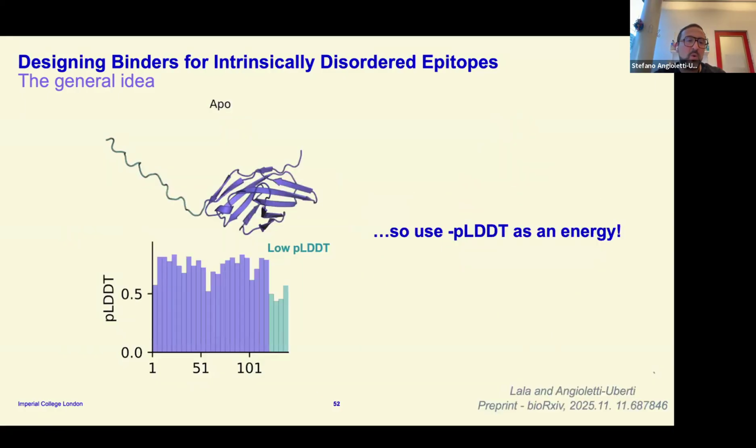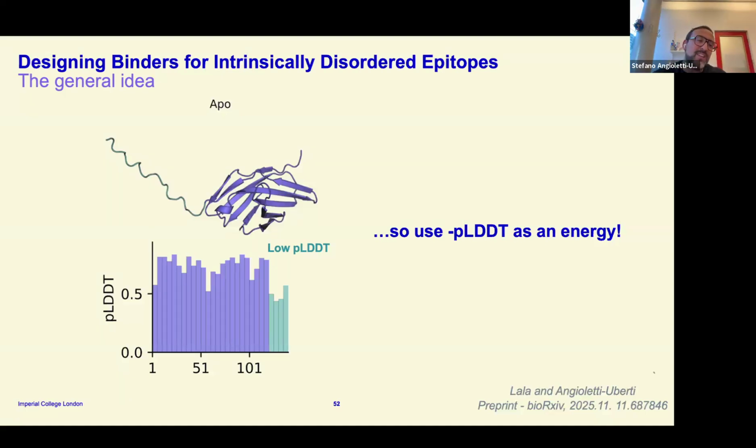Well, basically, we can use the pLDDT, or better in this case, minus the value of the pLDDT, as an energy term. So if you think about it, if you have a disordered region, the disordered region will have a very low pLDDT, and the energy is relatively high.